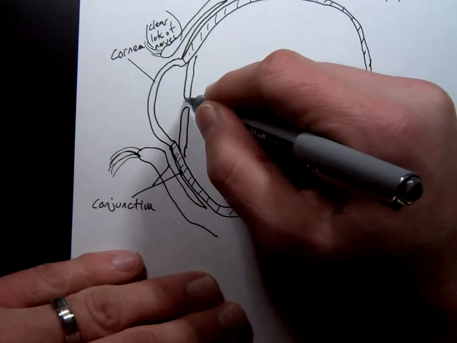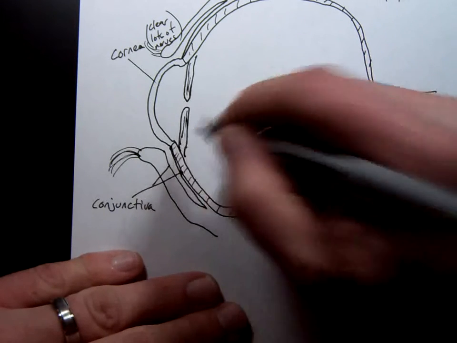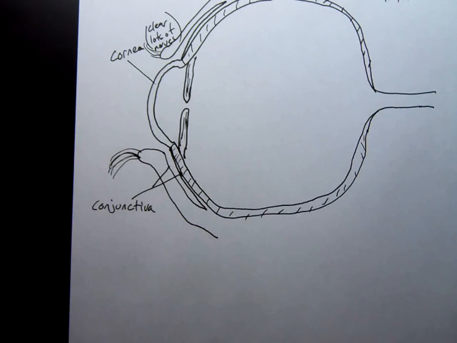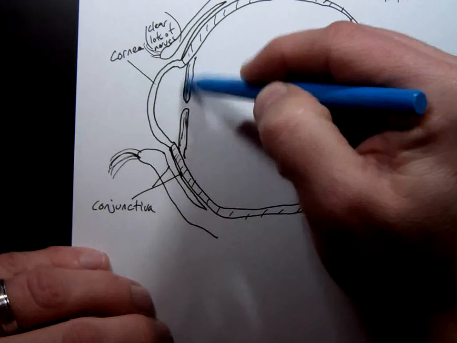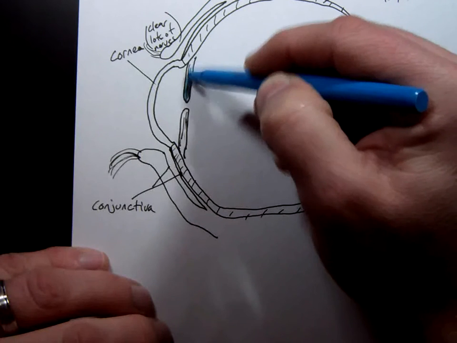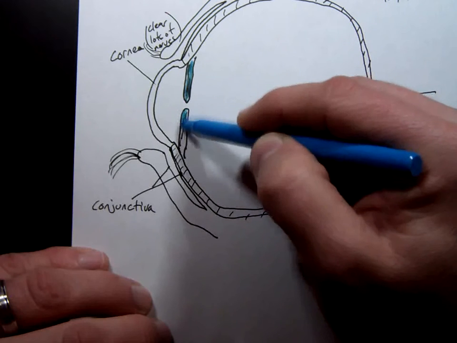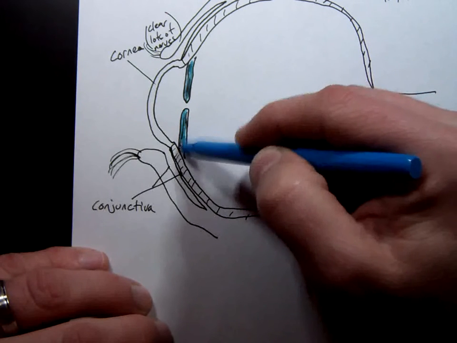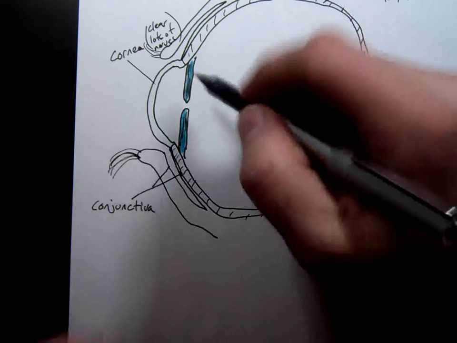In fact, we're going to make them pretty. Let's make them blue, because this is the colored part of the eye, known as the iris.